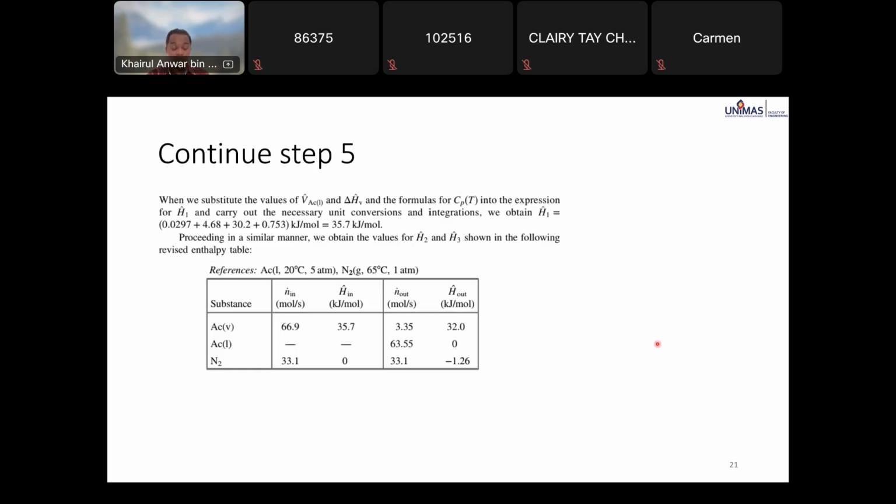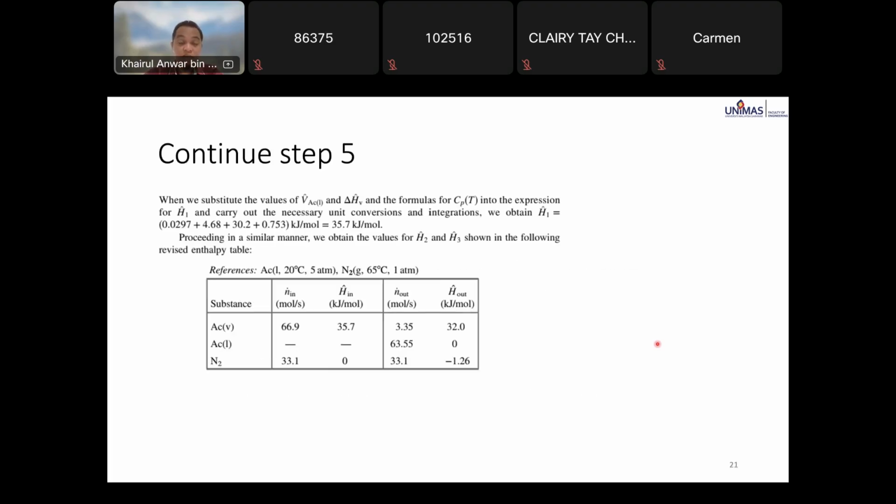If it's not given in table B1, then you need to search it in table B2 using the Cp delta T. For acetone, it's easy. It's the first compound. The table B2.